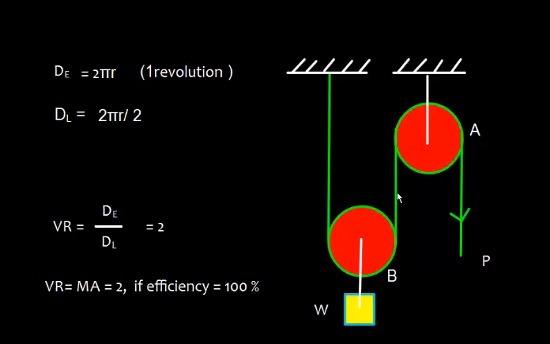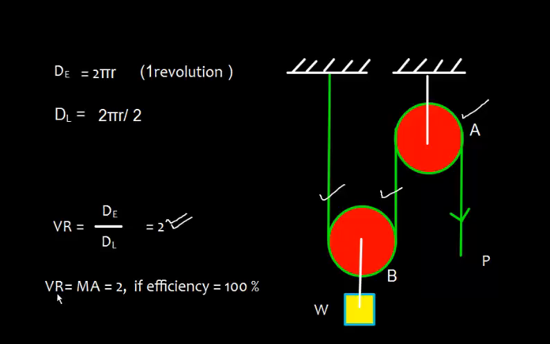So length of the cord at A, just let me mark here, length of the cord at A is divided into two parts at B. So we have this relationship velocity ratio, which is dE, distance by effort, divided by distance by load, and that is equal to 2.